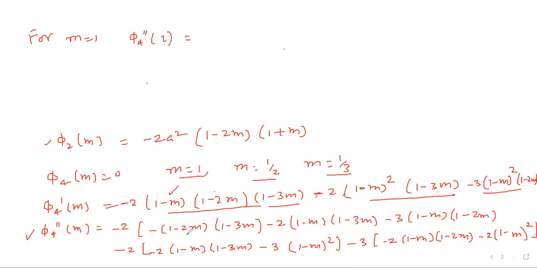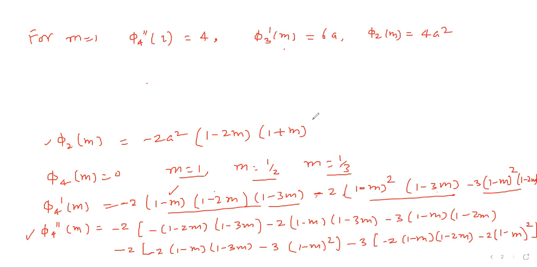If we put the value here, on simplification we will get 4. And now phi 3 dash m for m equal to 1, if we evaluate, it will be 6a, and phi 2m for m equal to 1, it will be 4a square.